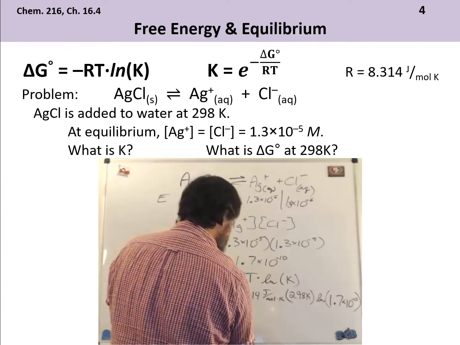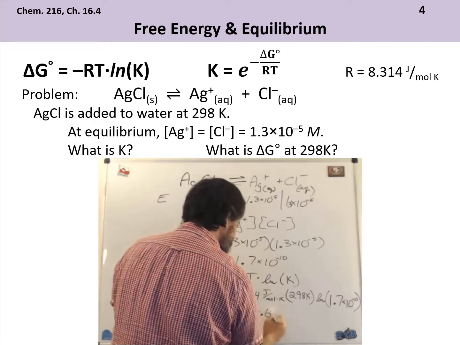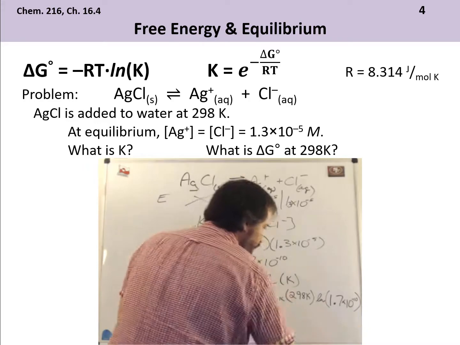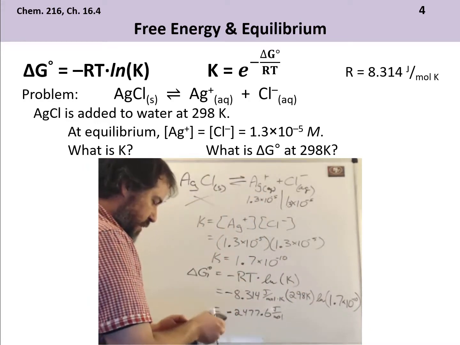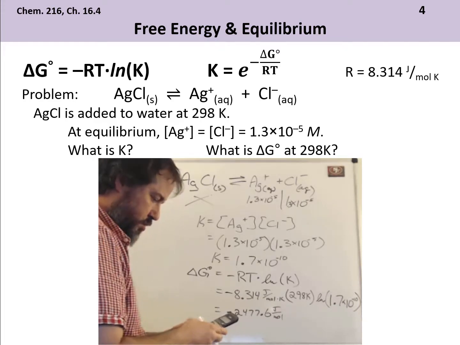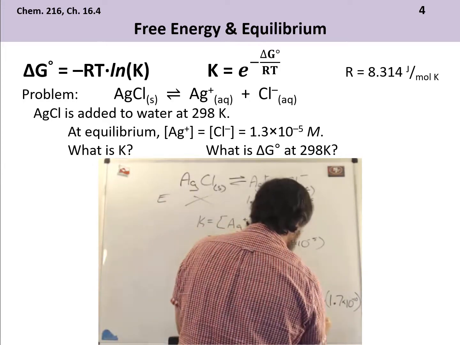That's going to get me negative 2477.6 joules per mole. I now multiply that by the ln of 1.7 times 10 to the negative 10. That's going to get me negative 22.5.